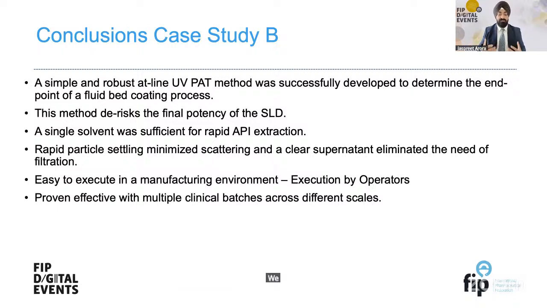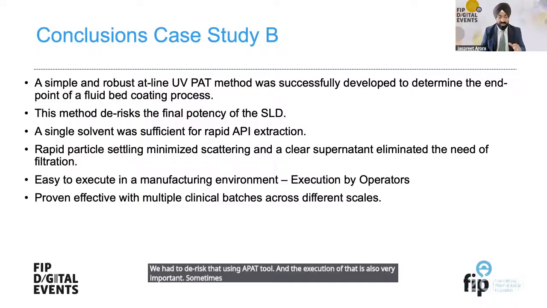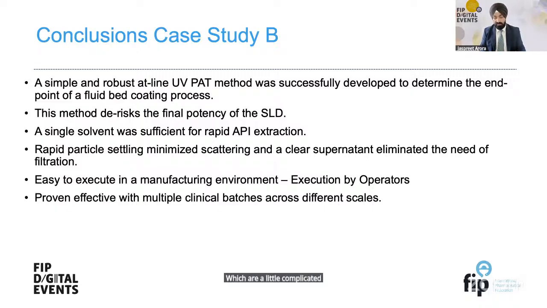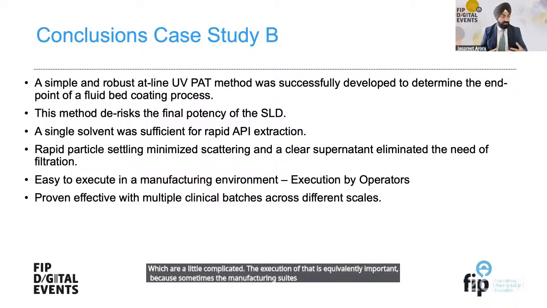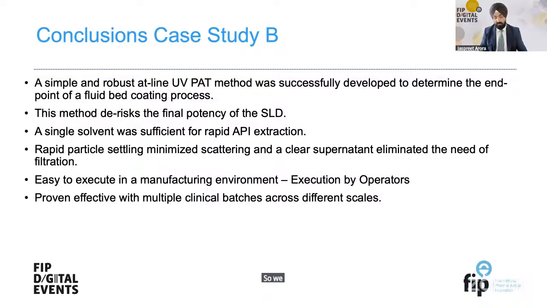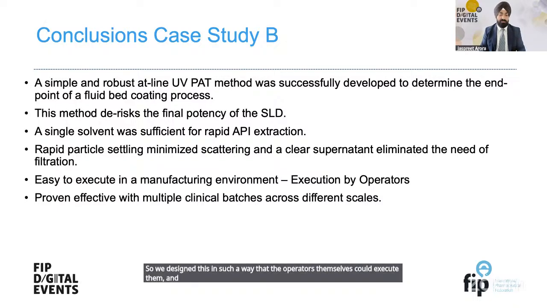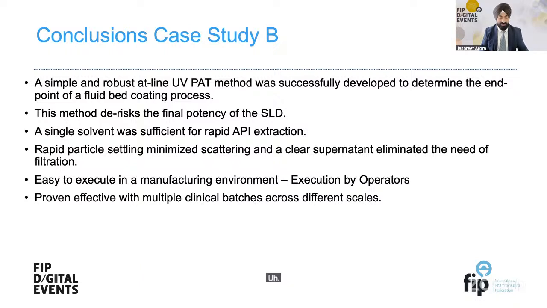We had to de-risk that using a PAT tool. And the execution of that is also very important. Sometimes you can find solutions which are a little complicated. The execution of that is equivalently important because sometimes the manufacturing suites are not big. So you cannot have an IPC or analytical person running there. So we designed this in such a way that the operators themselves could execute them. And their percent error in executing this analytical test was equivalent to experienced bench analytical tests.